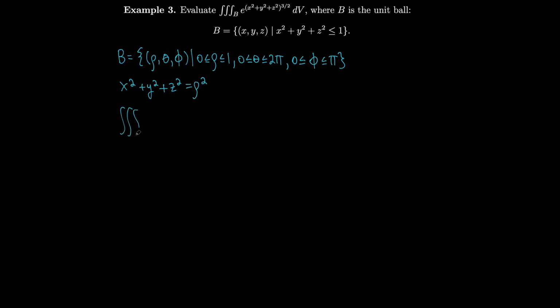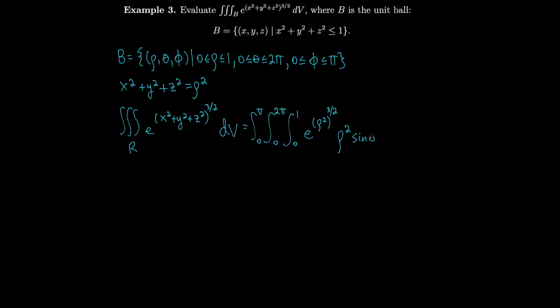So that means that our triple integral over B of e^((x² + y² + z²)^(3/2)) dV becomes the integral from 0 to π, integral from 0 to 2π, the integral from 0 to 1, e^((ρ²)^(3/2)), and then ρ² sin φ dρ dθ dφ.